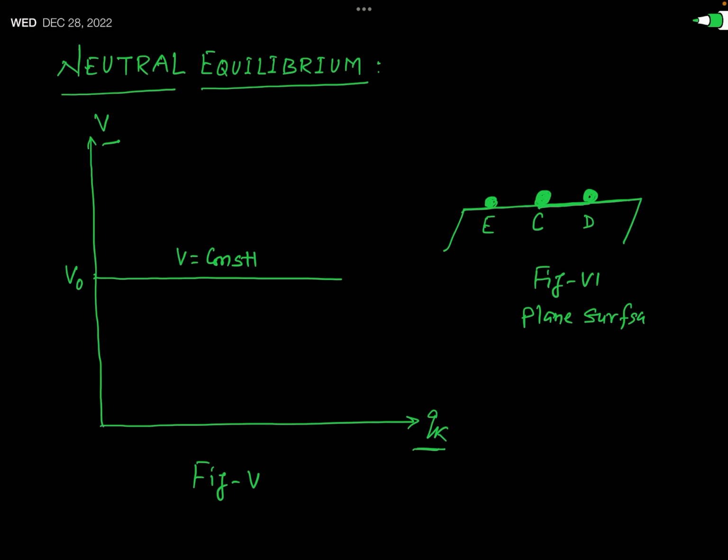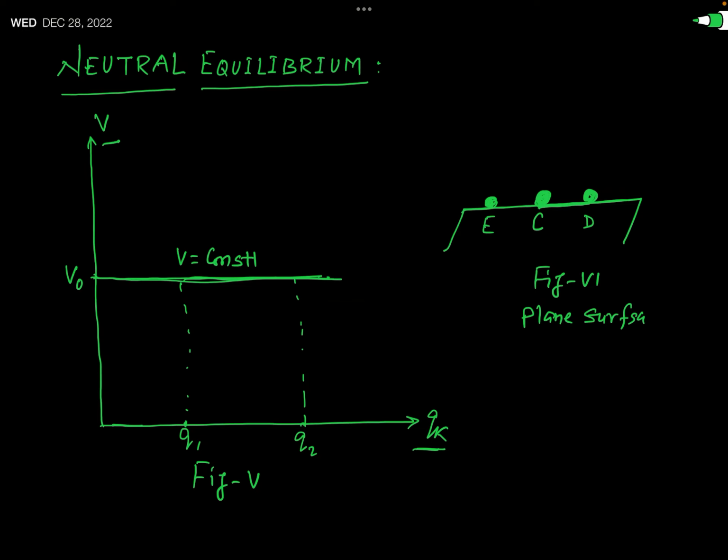So when Qk is 0, then V is equal to V naught. When Qk is, let us say this much, again you can see that V is equal to V naught. When Qk is equal to, let us say here Q1, there it is Q2, for all values of Qk, you see that V does not change, it remains constant, and so this curve is just parallel to Qk.